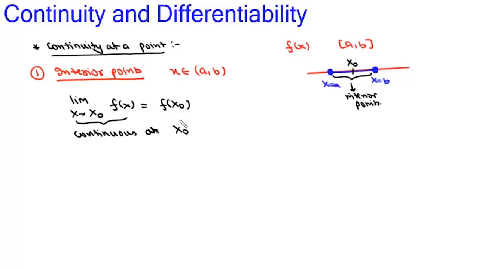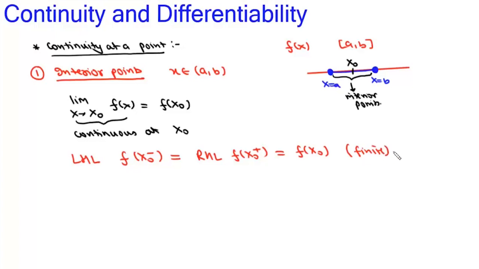So in this case, all we need to do is find this limit and we must know this function value, and if both of them are equal, then we say this function is continuous at this point x naught. Basically, in this case, the left hand limit f(x naught negative) must be equal to the right hand limit f(x naught positive), and it must be equal to f(x naught), and this value will be finite.